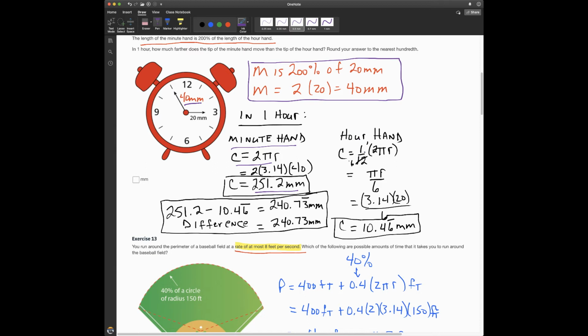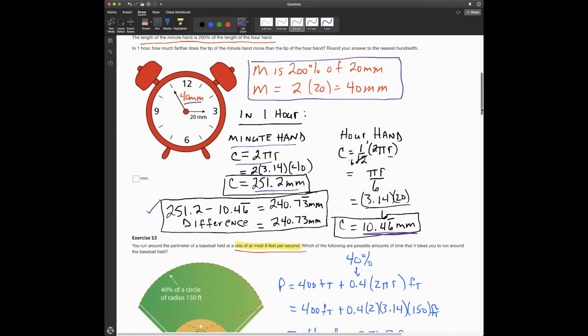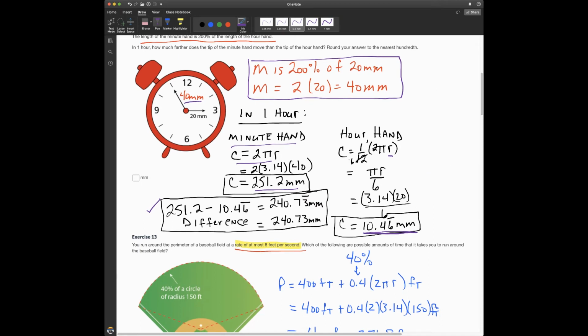So I calculate the circumference of a circle with a radius of 20 millimeters, and I take 1/12 of it. So I calculate that, and I get this answer, and I need to find the difference, so that's what I do over here. And I get my answer of 240.73 millimeters because I, again, have rounded to the nearest hundredth.